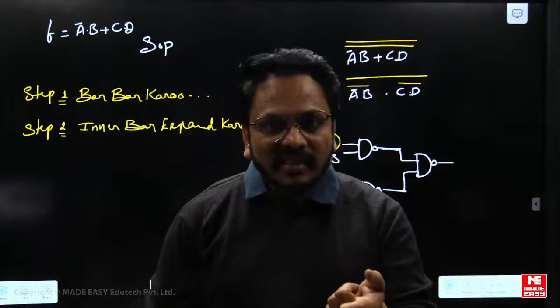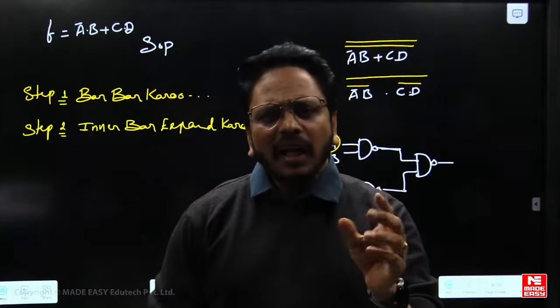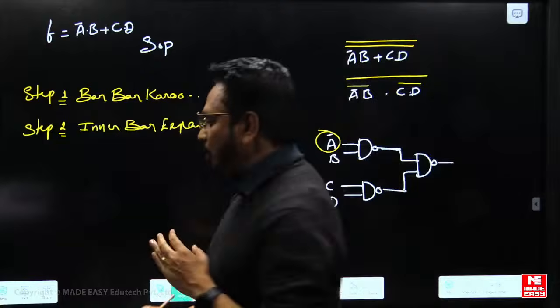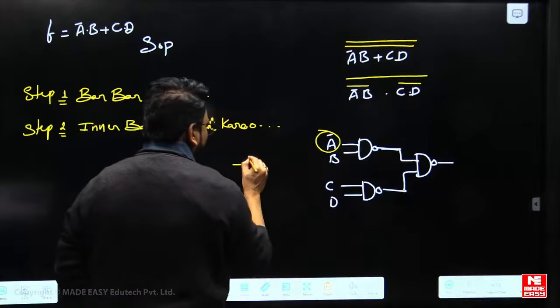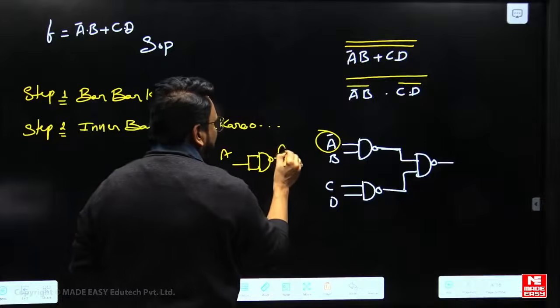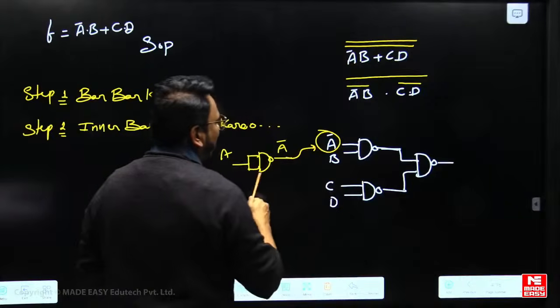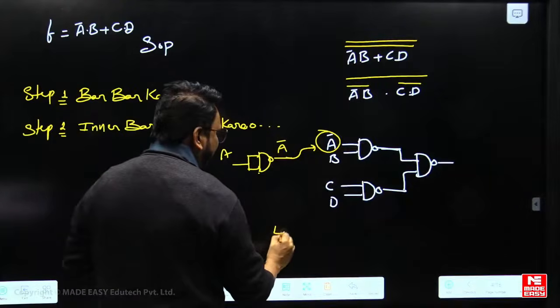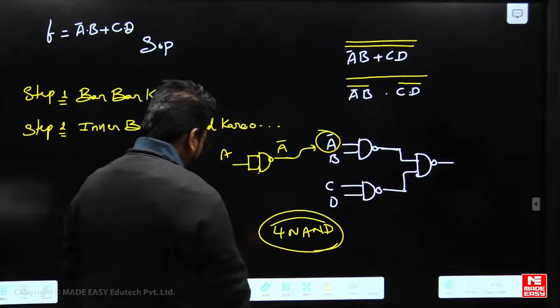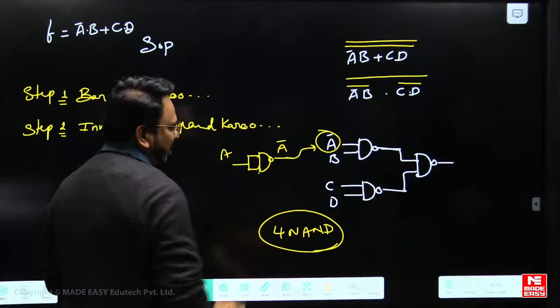Whenever any variable has a bar, use one more NAND gate to get the NOT operation. By using another NAND gate on A, this becomes A'. So here 1, 2, 3, 4 NAND gates. It will be completed with 4 NAND gates.